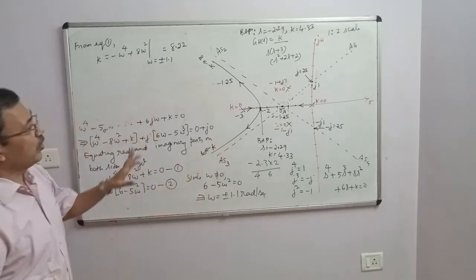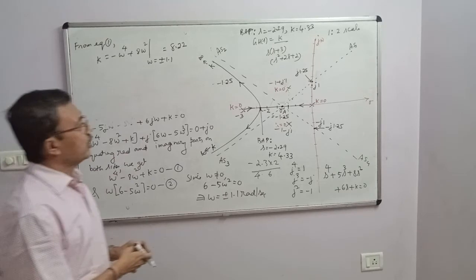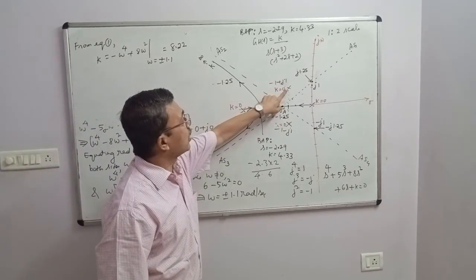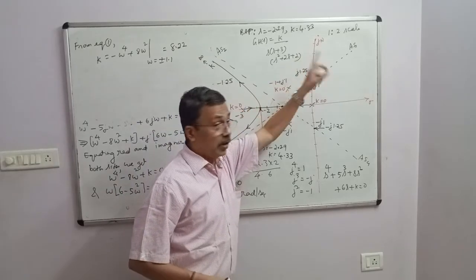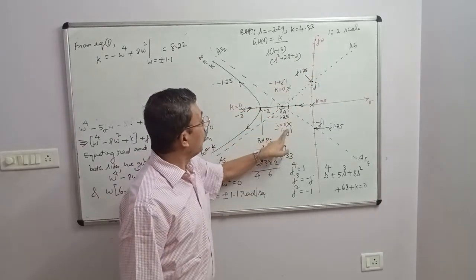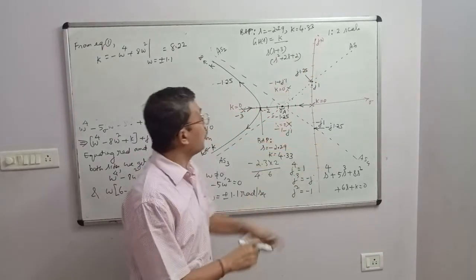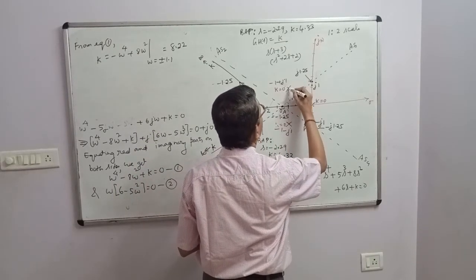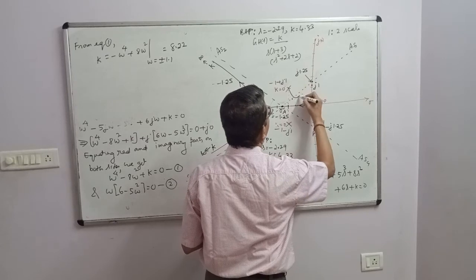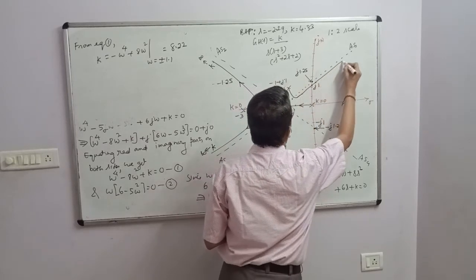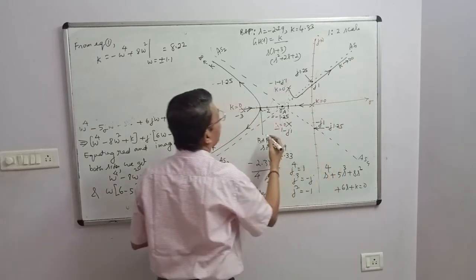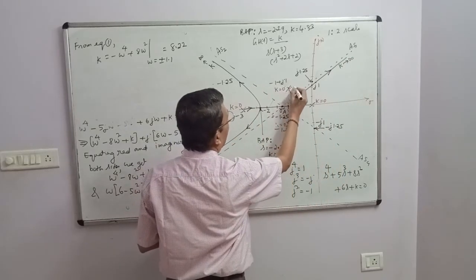How many branches have we covered now? 2 branches. The other 2 branches are complex branches. This pole will follow asymptote 1, no option. This pole has to follow asymptote 4. So this is the figure. This is going towards k equal to infinity. This is the angle of departure.